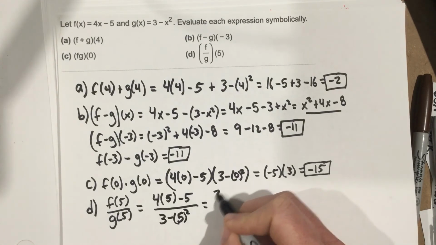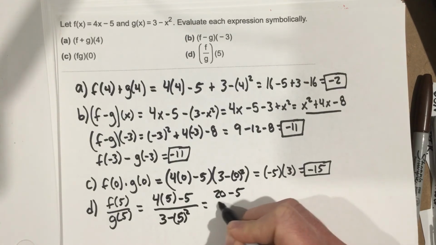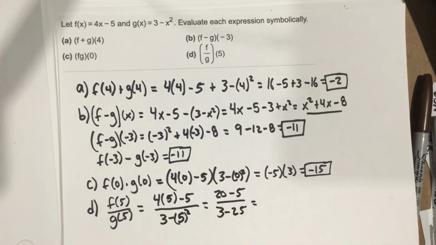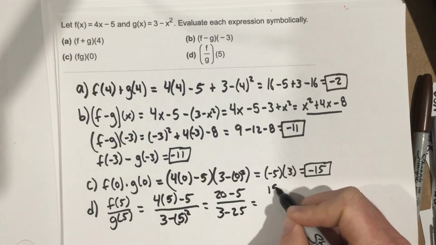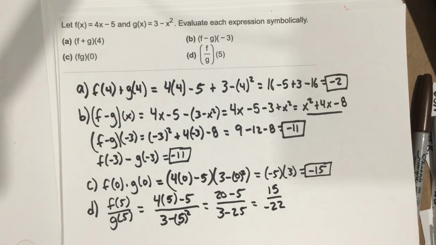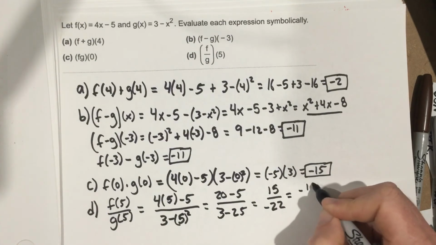This is 20 minus 5 over 3 minus 25. So I get 15 over negative 22. So I get negative 15 over 22.